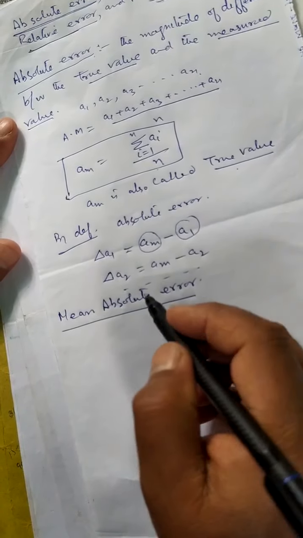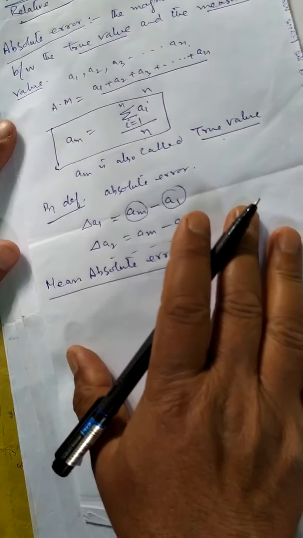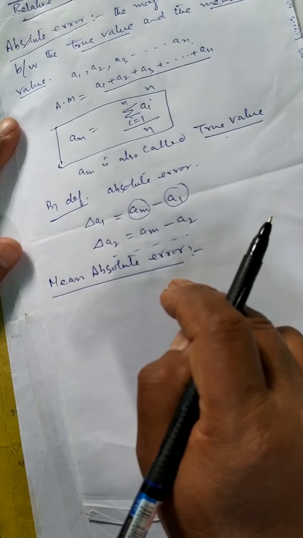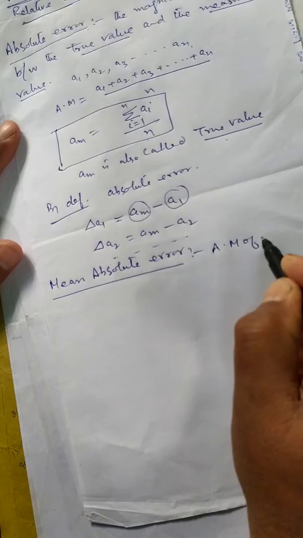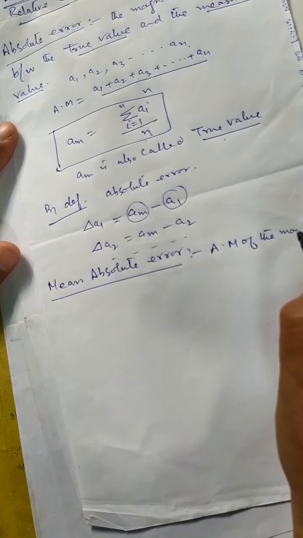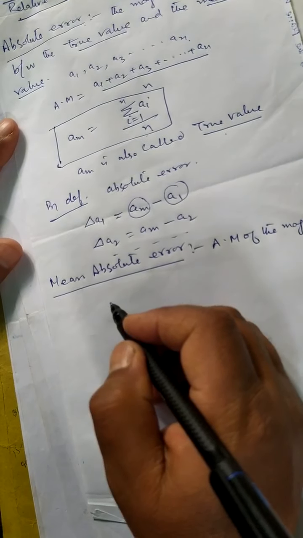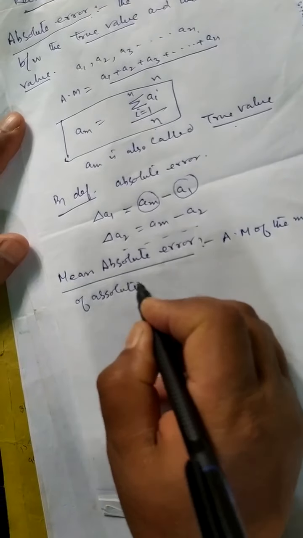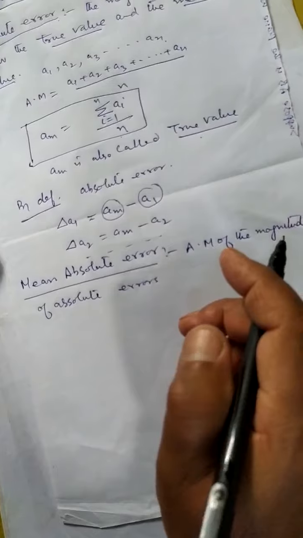अब mean absolute error क्या होता है? Mean absolute error is the arithmetic mean of the magnitudes of absolute errors in all the measurements of the quantity.